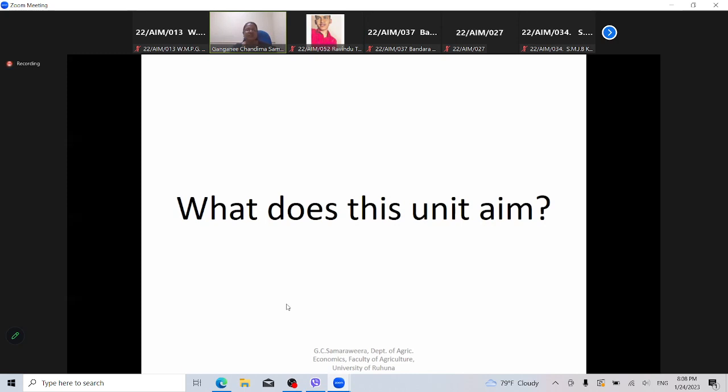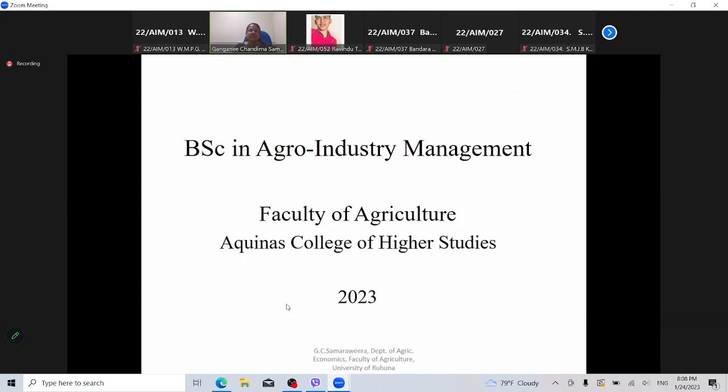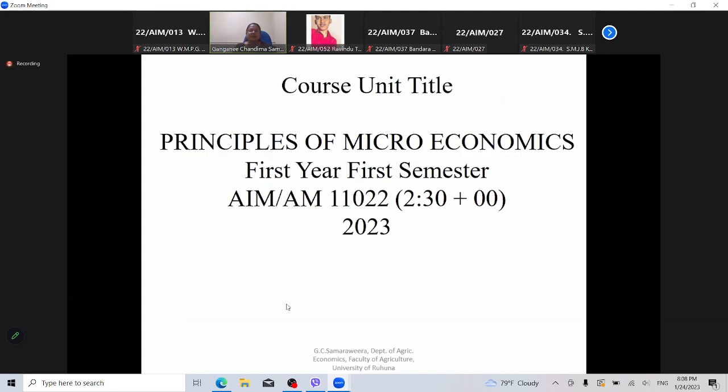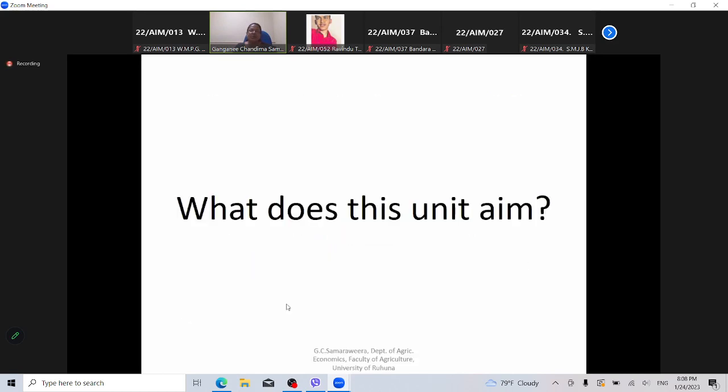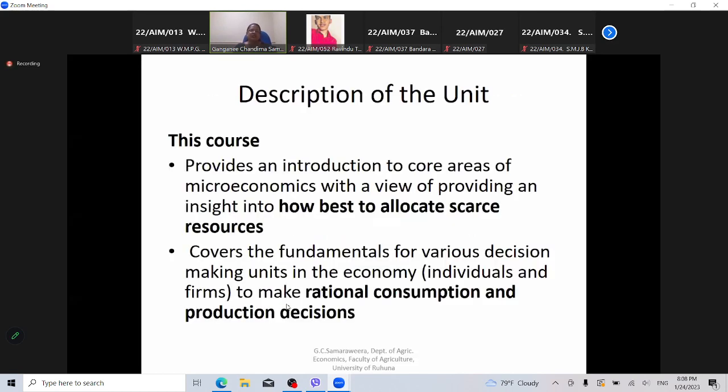So first of all, we will see what the aim of this unit is. Because your unit says Principles of Microeconomics, now we will see what is the aim of this unit. It's better to understand the aim, because this unit provides an introduction to core areas of microeconomics.